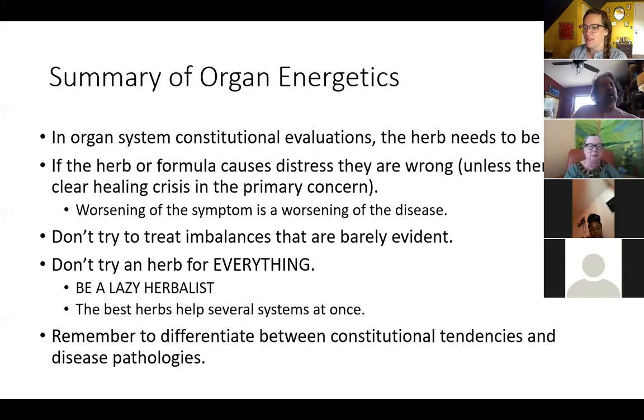Oh, and then remember to differentiate between constitutional tendencies and disease pathologies. Like we were saying, constitutionally, everyone's different. Some people live with certain blood levels that are considered normal. And like I said about the recommended daily allowance of nutrients in the last class, most of that's just bullshit. You are not a statistic in a book.